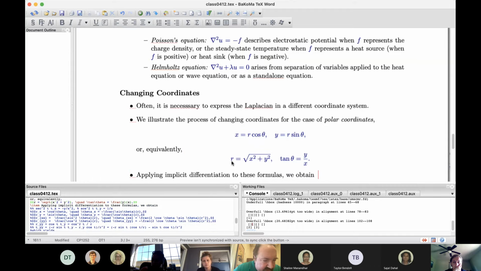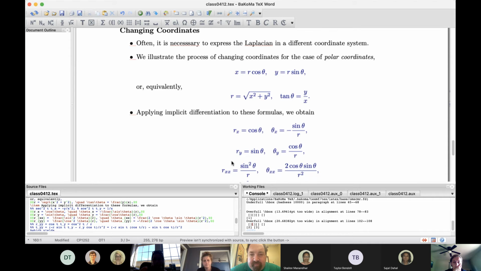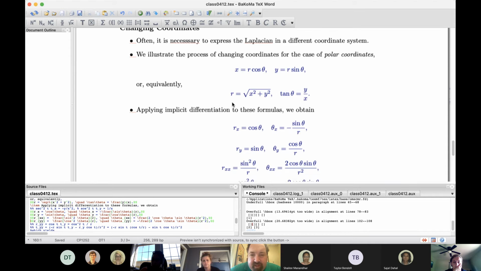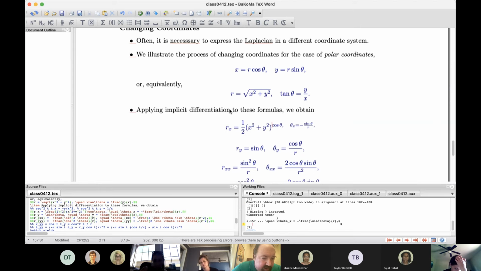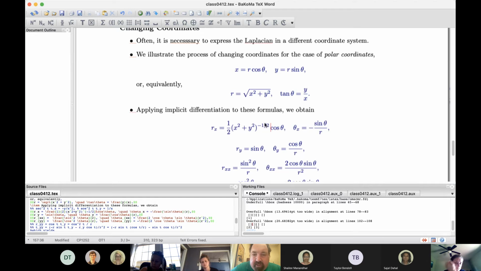So for example, if I take a derivative of r with respect to x, then if I just go ahead and carry out the differentiation, that would be 1/2 (x squared plus y squared) to the minus 1/2 times the derivative of what's inside here, and that's just going to be 2x.